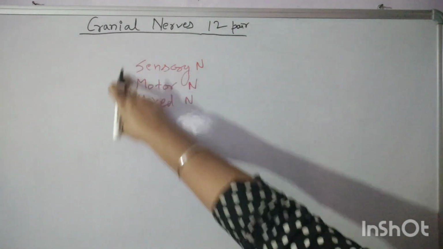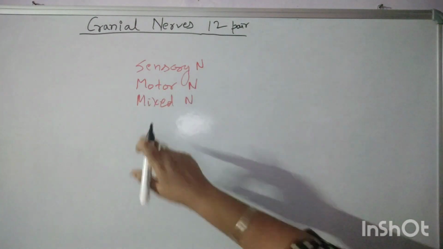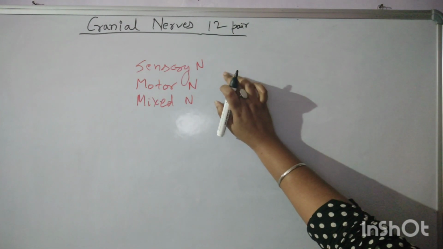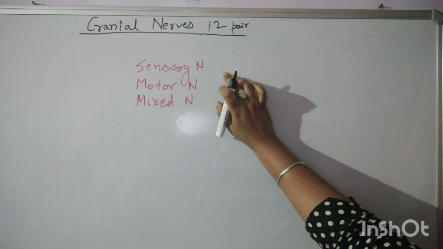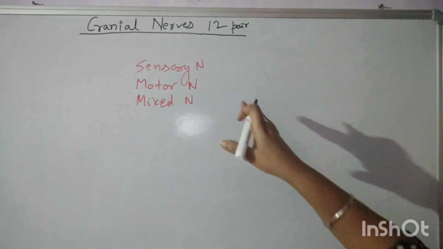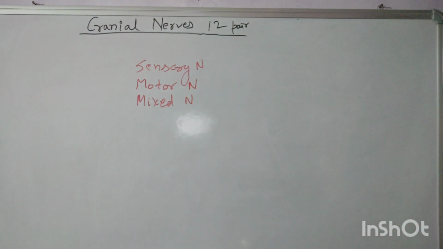They can be divided into 3 types: sensory, motor and mixed. Sensory means those nerves. Nerves are a collection of neurons. So sensory nerves will take the impulses from sensory organs to the brain. Those senses can be taste, touch, smell, heat, pain.